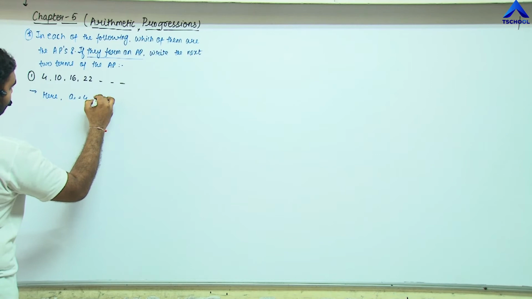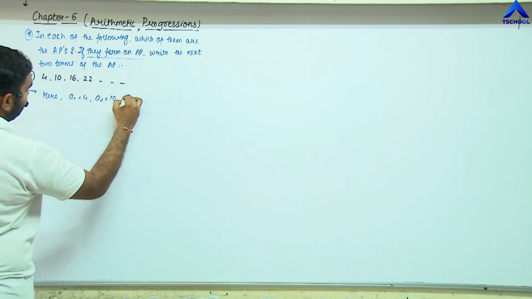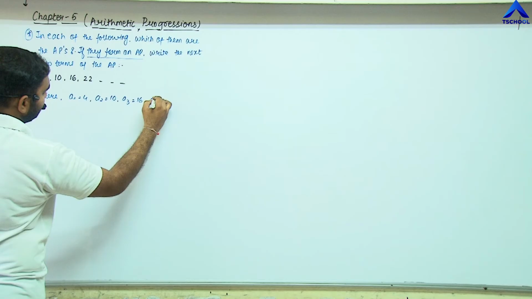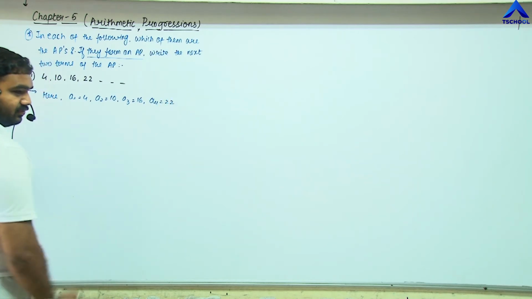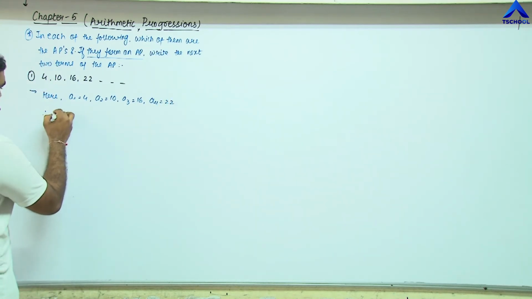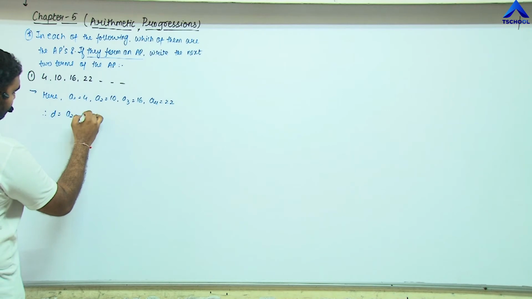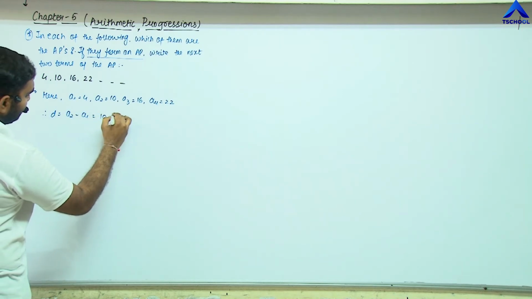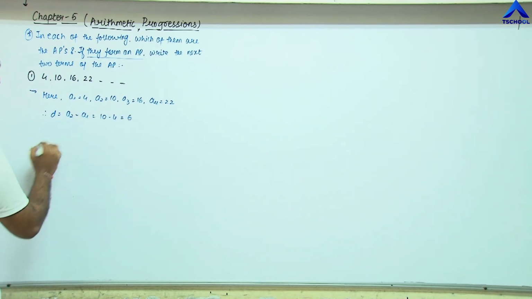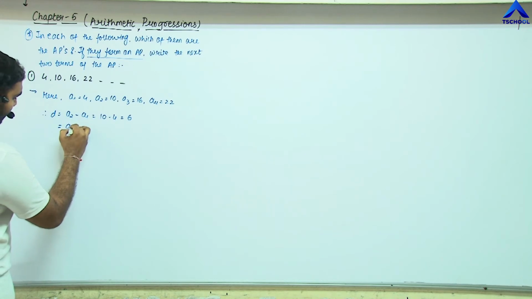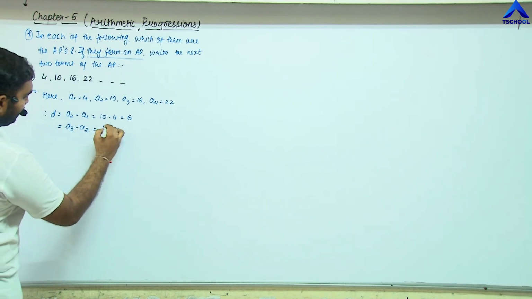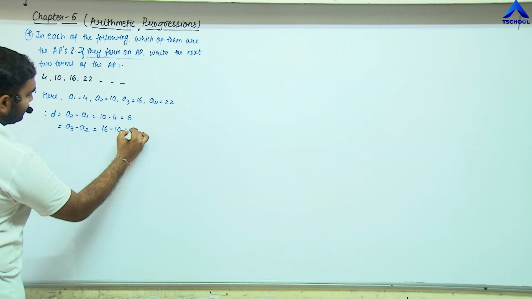a1 equals 4, a2 equals 10, a3 equals 16, a4 equals 22. Therefore d equals a2 minus a1, that is 10 minus 4, which is 6. You can also find a3 minus a2, that is 16 minus 10, which is again 6.